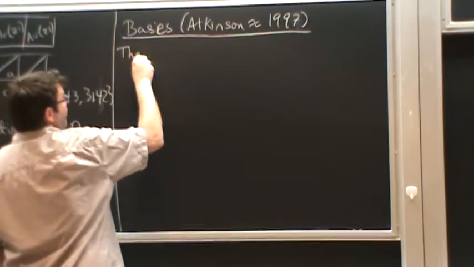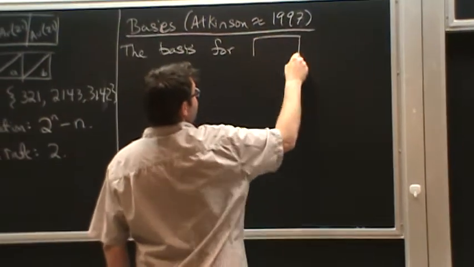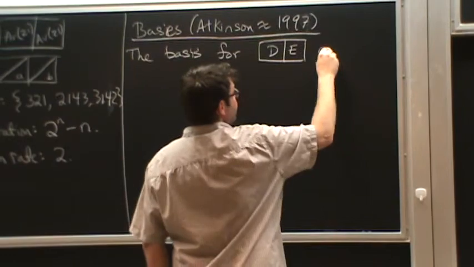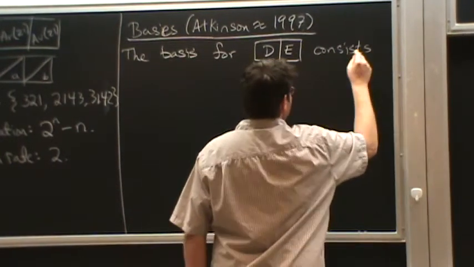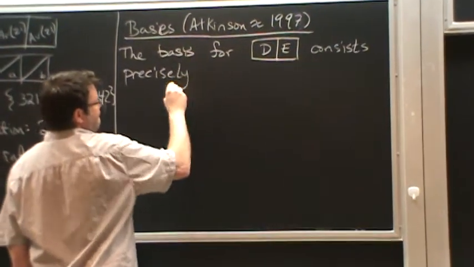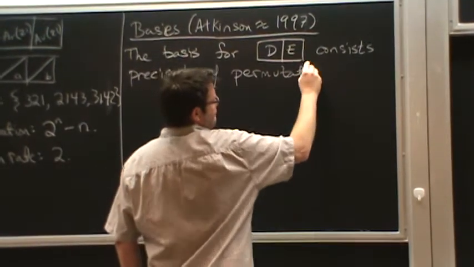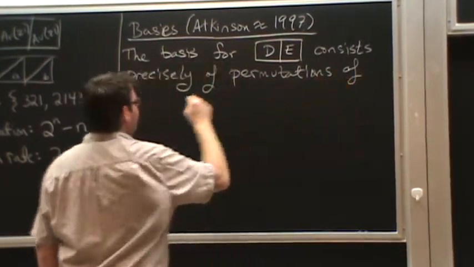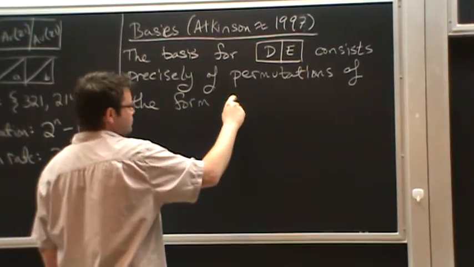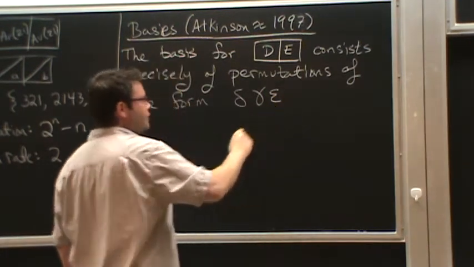So the basis for this juxtaposition, D E, consists precisely of permutations of the form, let's say, delta, gamma, epsilon.